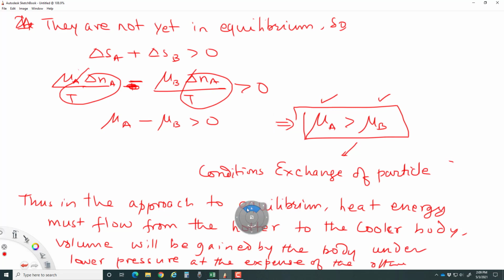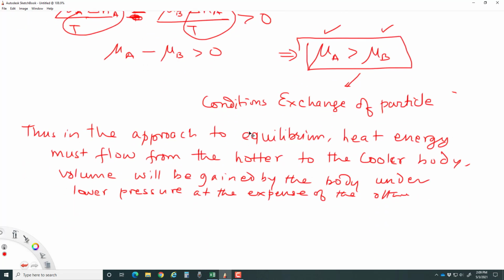And the implication of this one is the mass will tend to flow.